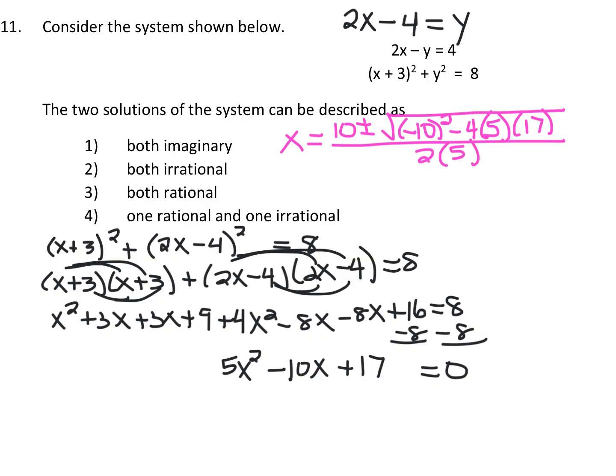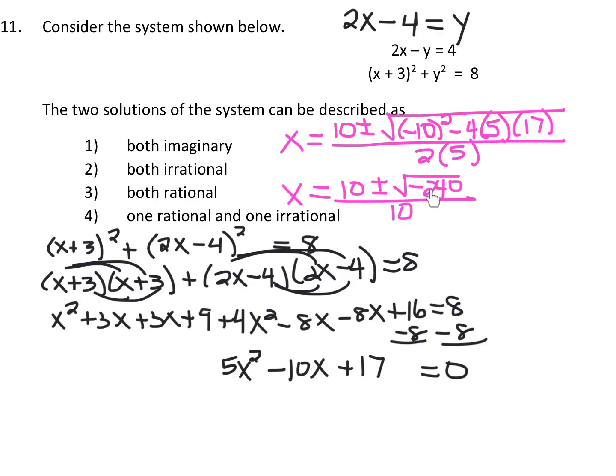Okay, so that's going to give us x equals 10 plus and minus the square root. Now we need to figure out what all this is equal to. And it's actually equal to negative 240. So we're going to have negative 240 under the radical, and that whole thing's going to be over 10. Now we could actually stop here. Think about this.